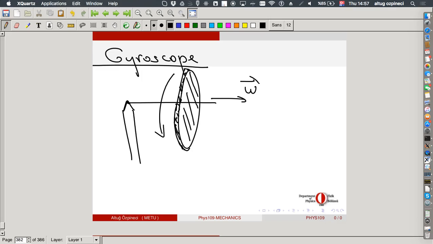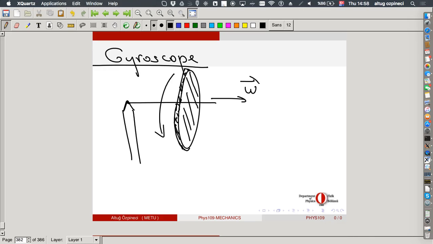The angular velocity vector of this object is not exactly horizontal. Due to its precession, it's also rotating around this vertical axis. But we will assume that it is rotating so fast around this axis that we can ignore the vertical component of omega.